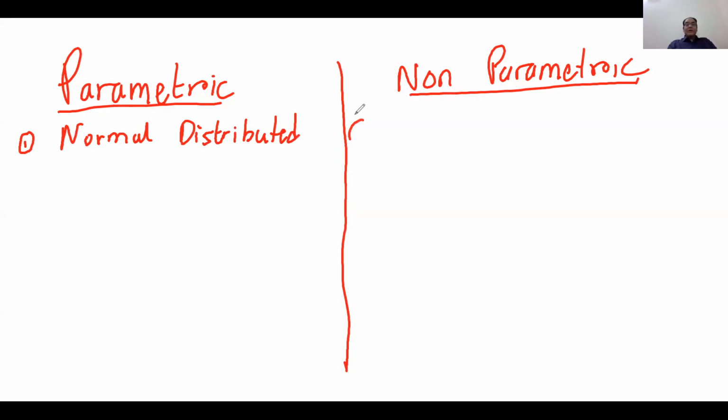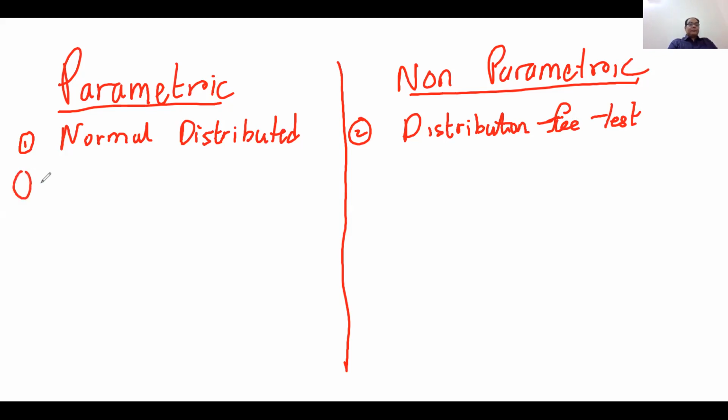And second, non-parametric is distribution free. If your variables are normally distributed, it is called parametric. And if your variables are distribution free, no normal distribution, it is called non-parametric.